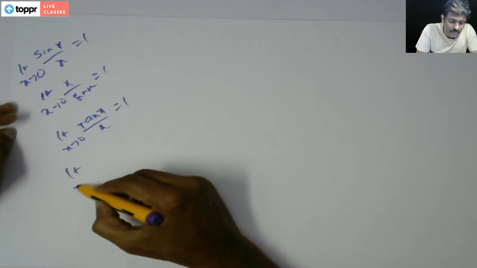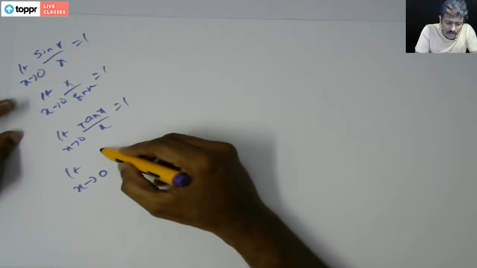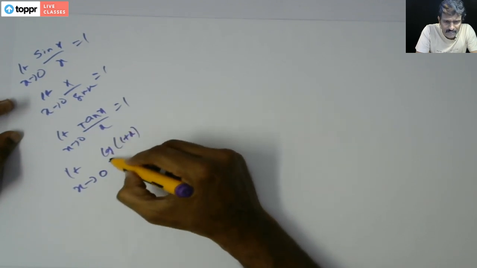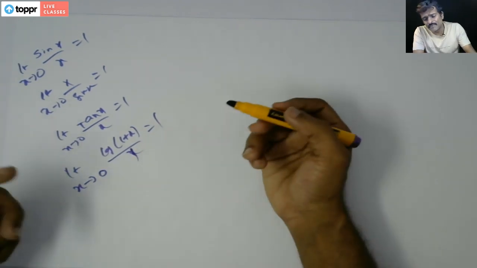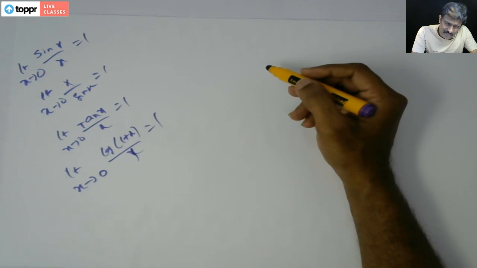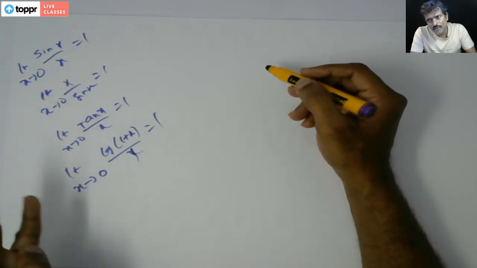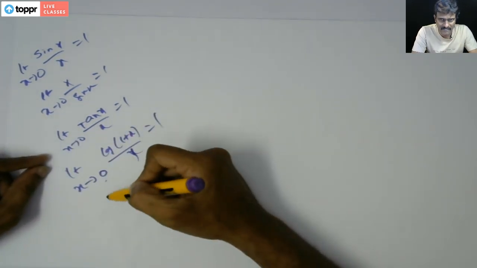Then limit x tends to 0, log(1 + x) by x is equal to 1. This comes with the expansion of log(1 + x), and then you can cancel that x, and you will be left with an expression which has 1 and some x terms, and those will become 0 because x tends to 0.